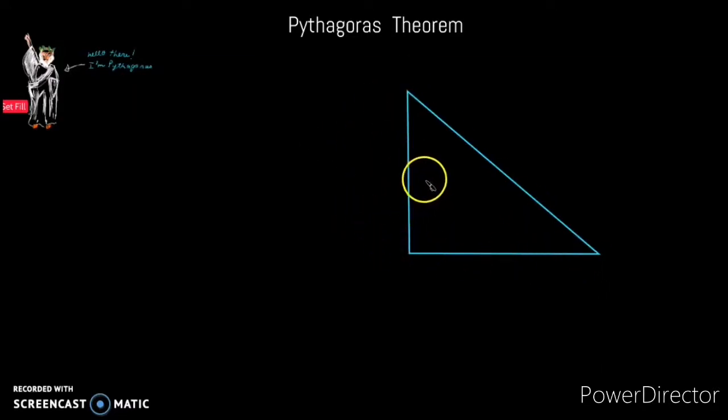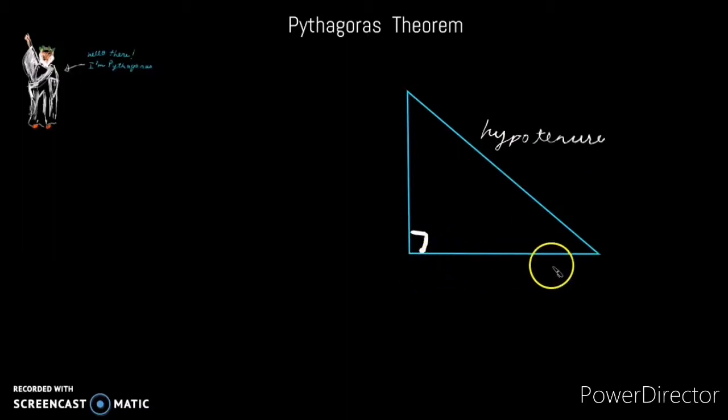Like every triangle, a right-angled triangle has three sides, and the speciality is that one of its angles is 90 degrees. It has two medium-sized sides, and the third side, the longest, is called the hypotenuse. The hypotenuse is always the longest side, and it is opposite to the 90-degree angle.